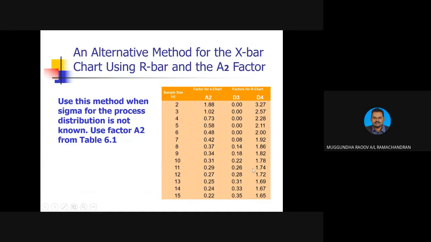This data will be given if I test this kind of question in your exam. By using this method, the sigma for the process distribution is not known. So if you are asked to plot an X bar chart and the sigma for the distribution is not given, you may use this method.